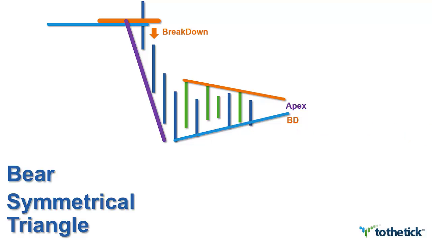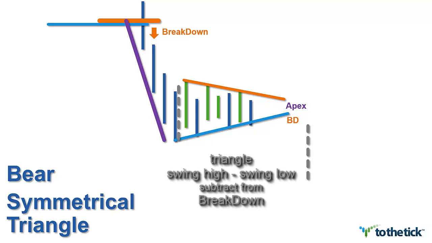But the really cool thing about this pattern is that we get to use the structure itself, the price pattern itself, to actually create and generate a target. We get to use the background structure to create our targets. And the first one, the most conservative, would be to take the swing low, swing high, which is the widest part of your triangle.